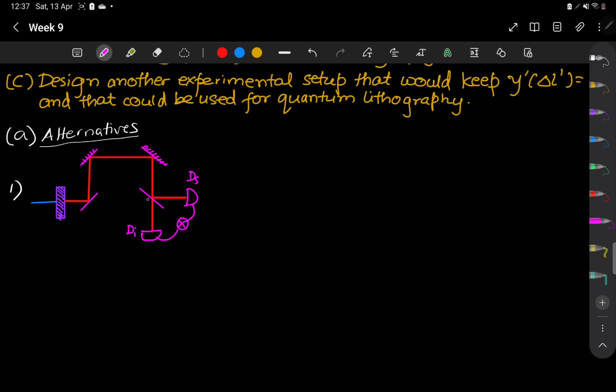So these are beam splitters and these are mirrors, and this is the first alternative. The field comes, it gets reflected at the beam splitter and then comes at the second beam splitter, and it can get reflected and transmitted.